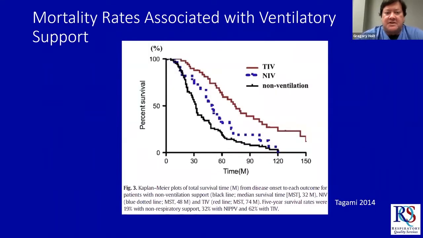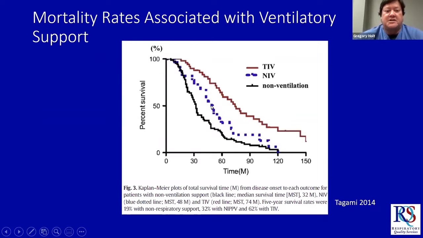So very nice graph here. A group that chooses to not accept any kind of face mask ventilation or home mechanical ventilation, the people on non-invasive ventilation with a face mask, and the people with ALS that decide to go tracheostomy and invasive ventilation. When you look at the 50% survival line moving across, by the time you reach 30 months, half of those patients are surviving.